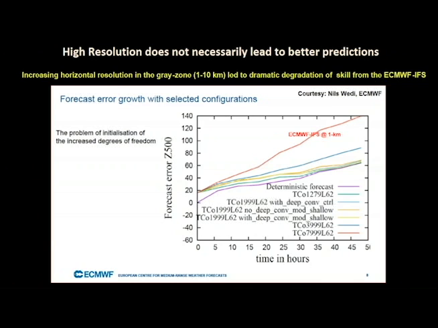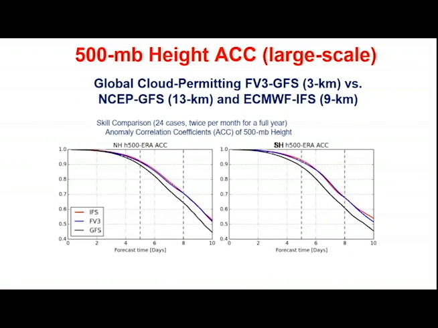As you can see, the error actually keeps increasing when you increase the horizontal resolution. This is not totally surprising. Not only is their dynamics not appropriate, their physics is also not appropriate. So we have to see what we can do.